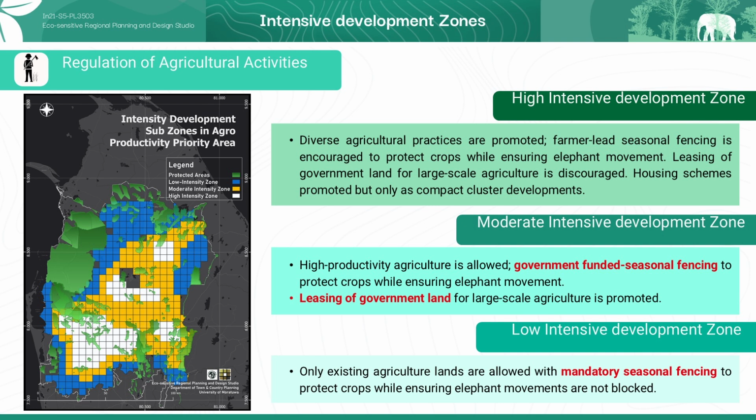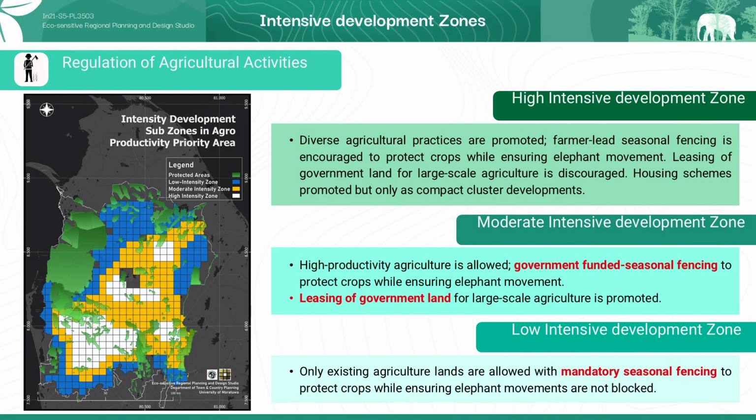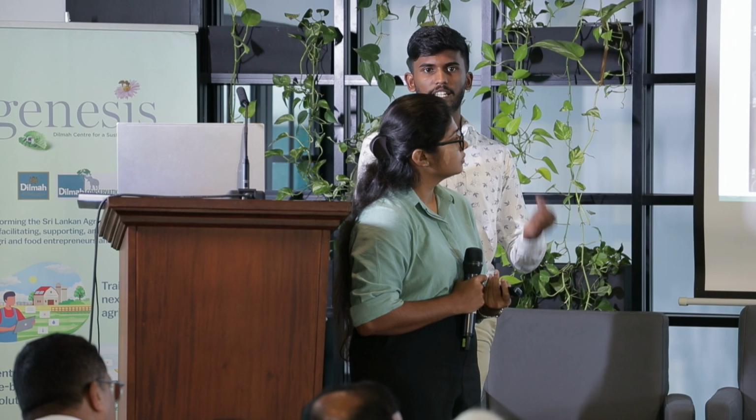So let's take the productivity-centric priority area as an example and see how these land use strategies vary in these 3 subzones. First, look at how agriculture development takes place. Existing agricultural practices can be continued with seasonal agricultural fencing. Also, we are going to promote leasing of government land for large-scale agriculture development in moderately intensive development areas and small-scale farming in high-intensive development areas.